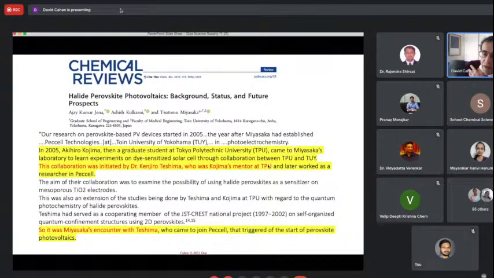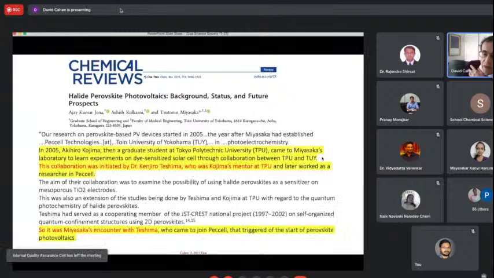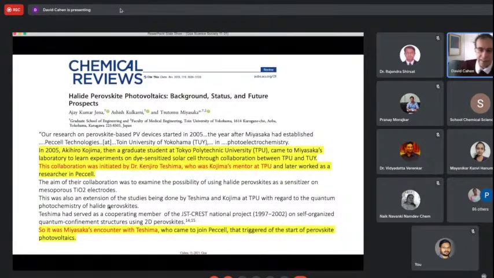And later he worked in a company that Miyasaka founded, which still exists. The work was also an extension of studies being done by Teshima and Kojima, where Teshima was the mentor and Kojima was the student at Tokyo Polytech, with respect to the quantum photochemistry of halide perovskites, because they were studied, as I told you at the beginning, as 2D materials with quantum confinement effects.